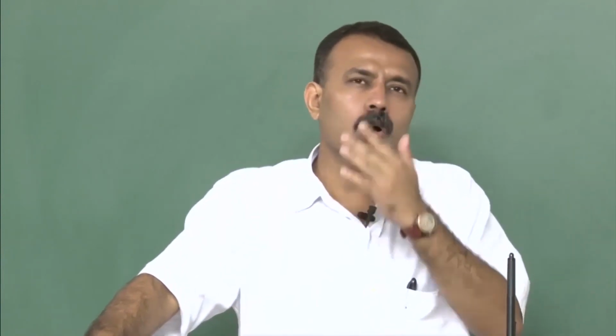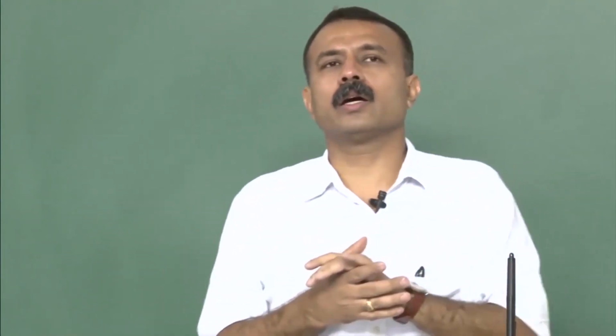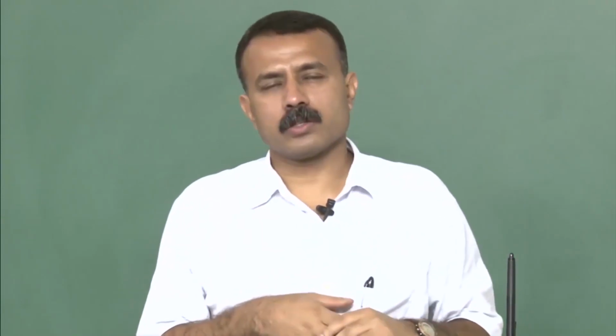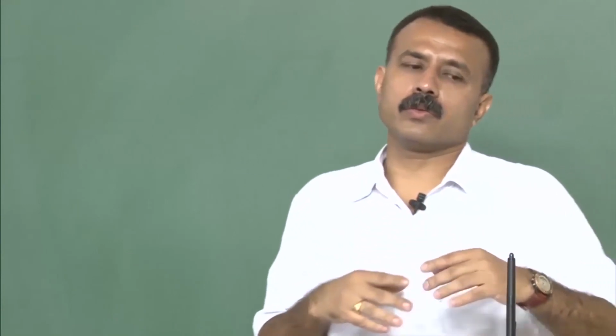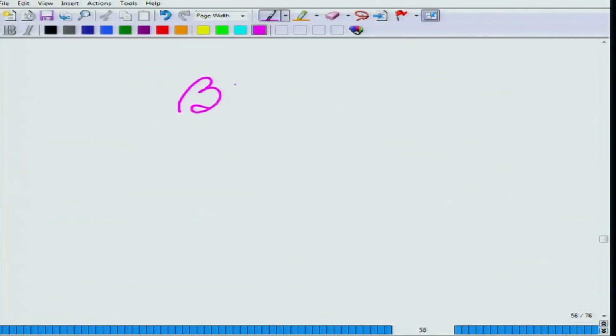So, the liver has a lot of roles in purifying toxins from the body, and there is another major secretion made by the liver, which is called bile secretion.